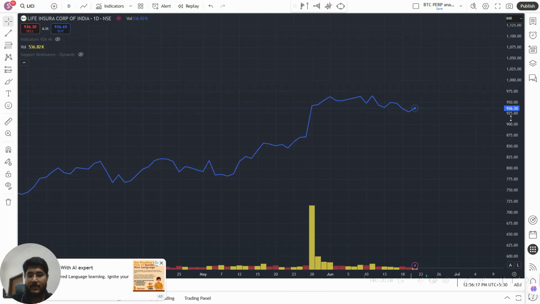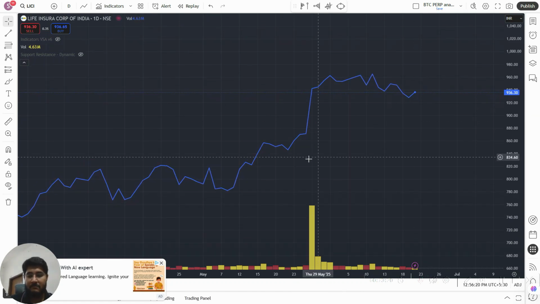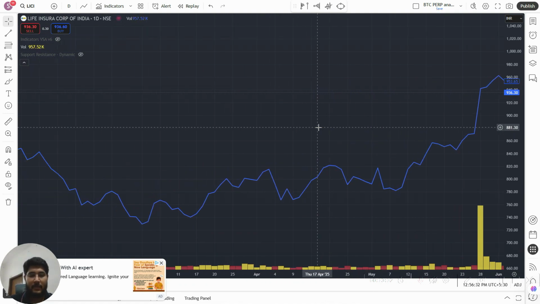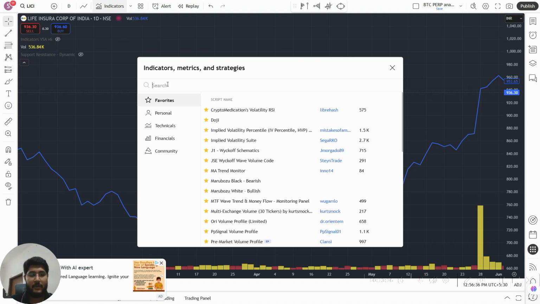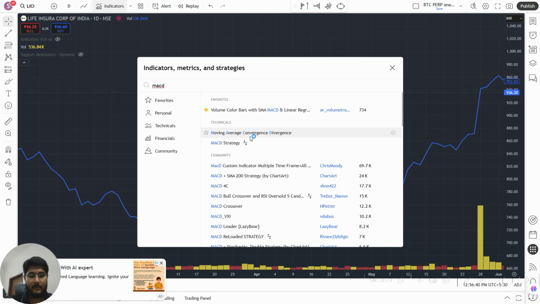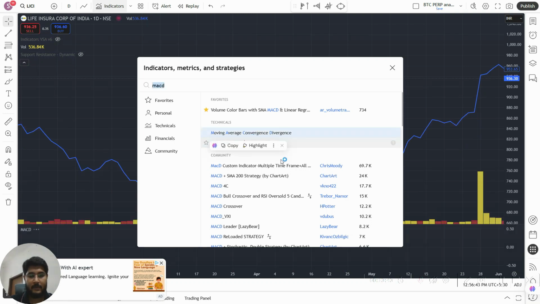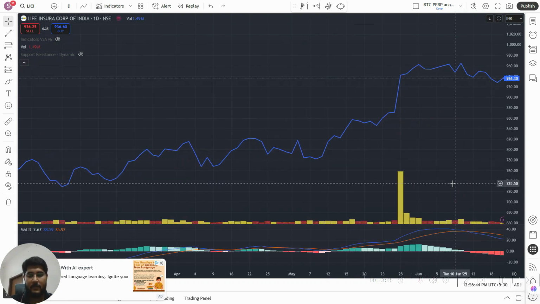The stock was somewhere around, let's say, 820 rupees, right, in the month of May, and it has moved up since then to 960, 961 if I see, right? So you can add your indicators. Let's say if we have to add monthly, right? So this can also come over here.